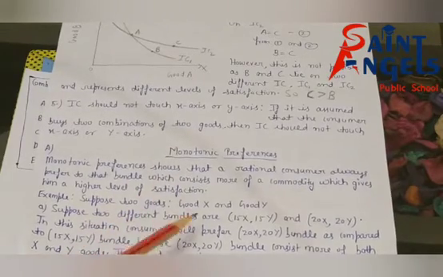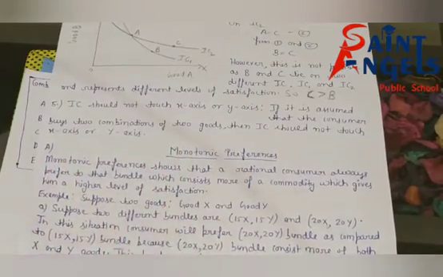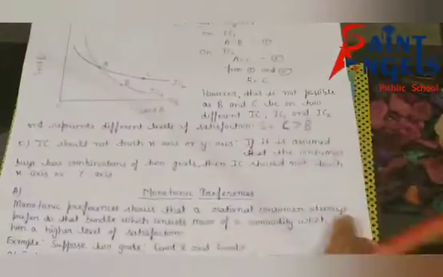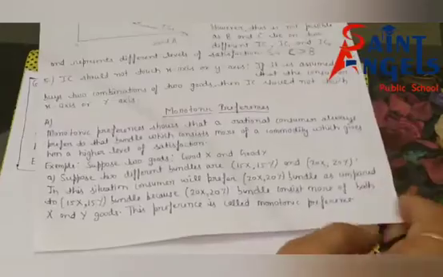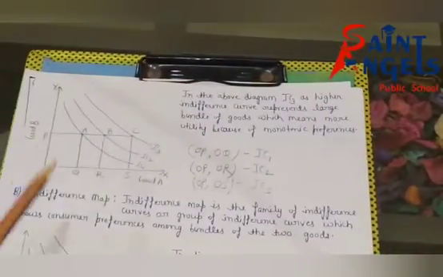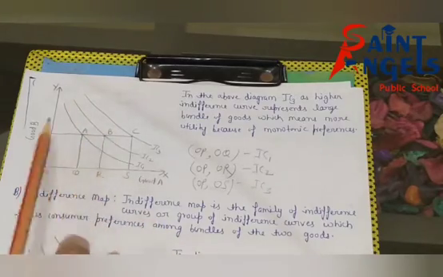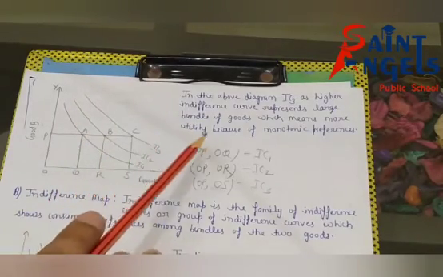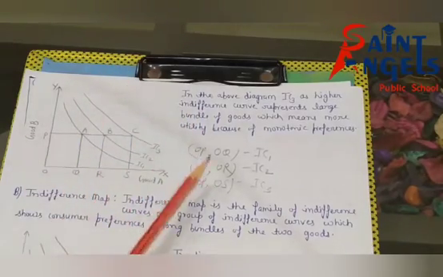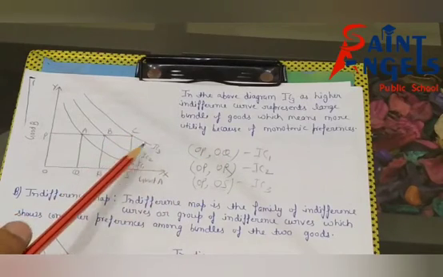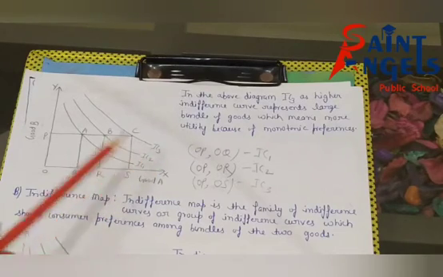But if the question is: explain monotonic preferences with the help of a numerical example and diagram, then first of all you will write the definition, this example and this diagram, and after this you will explain this diagram. I hope all of you have understood the concept of monotonic preferences. Consumer will prefer IC3 because IC3 is higher as compared to IC1 and IC2.